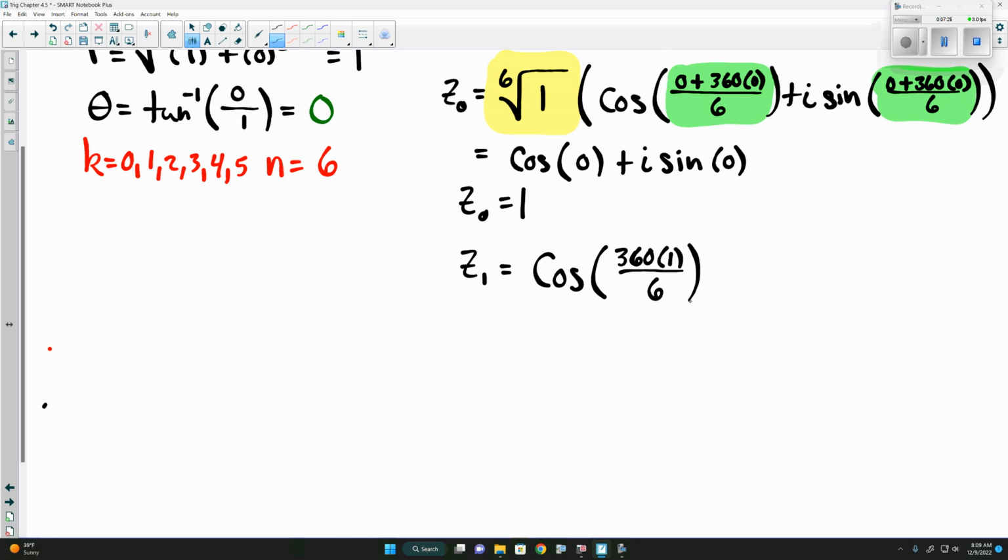The 360k is all that's really going to be left in the numerator because the angle is 0, so that's really what we have left, plus i sine of 360 times 1 over 6.